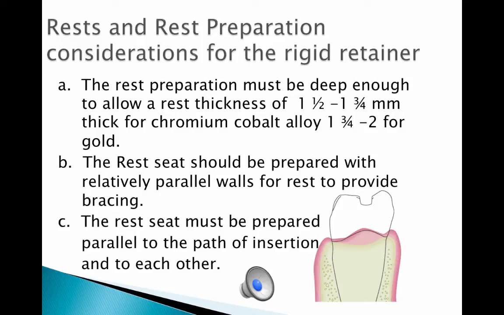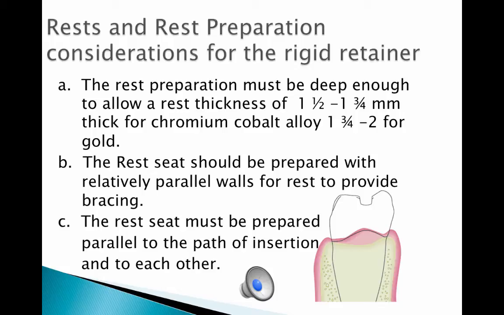Here are some rest and rest preparation considerations for a rigid retainer. The rest preparation must be prepared deep enough to allow for a rest thickness of 1.5 to 1 3/4 millimeter thick for chrome cobalt alloy and 1 3/4 to 2 millimeters for gold.